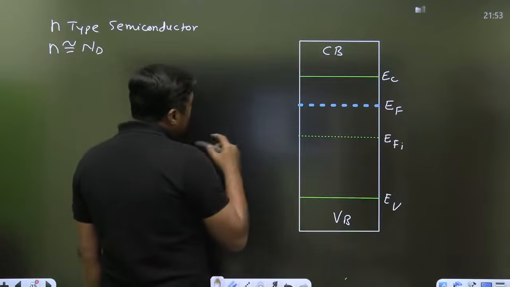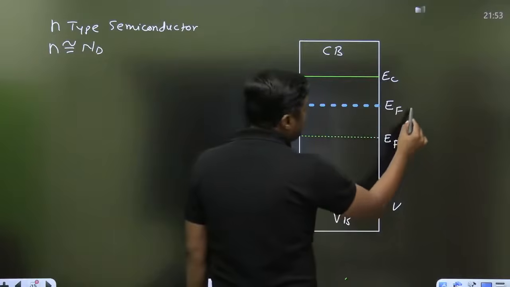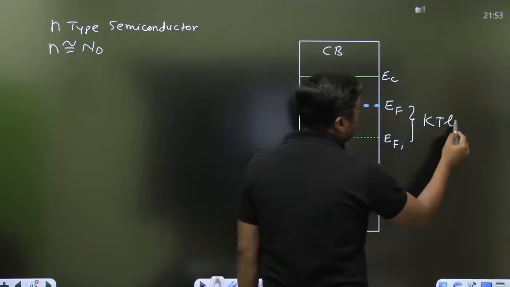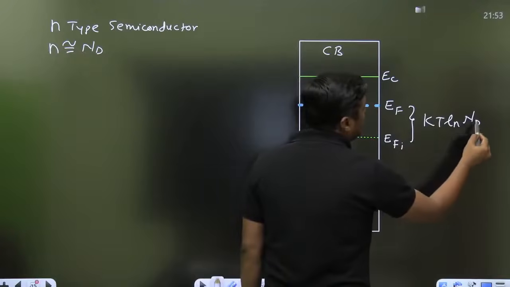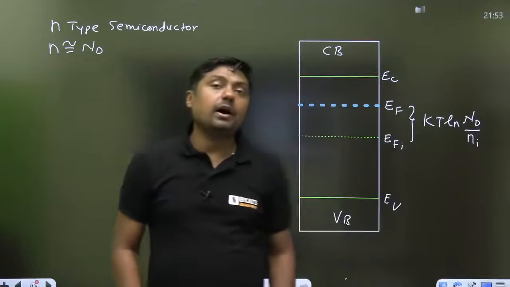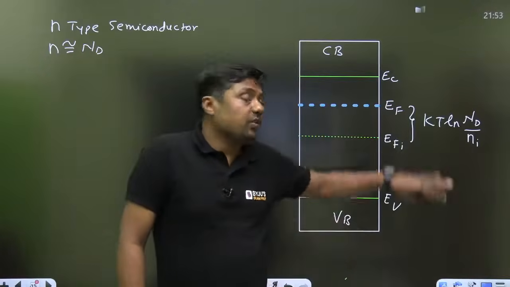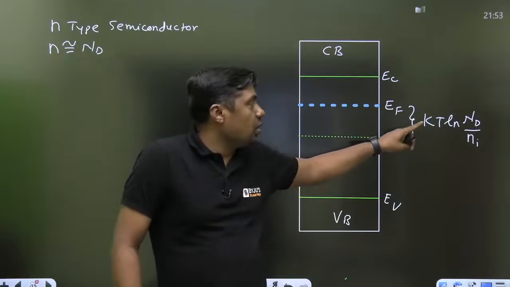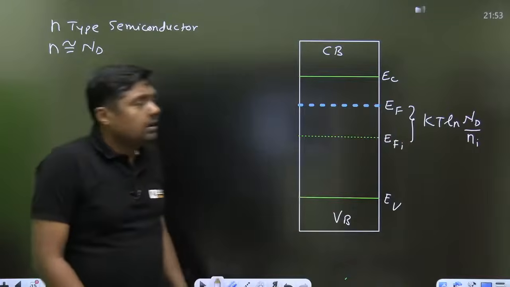Then the gap between Ef and Efi is given by kT log of Nd by Ni. So normally we have a question on that. What is the gap Ef minus Efi? That is given by kT log of Nd by Ni.